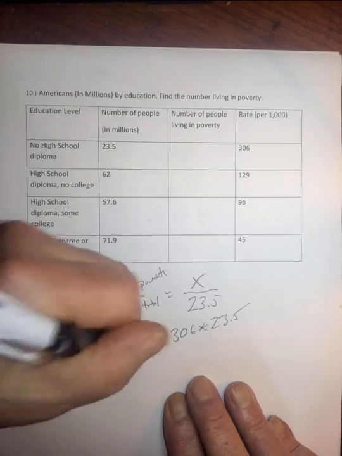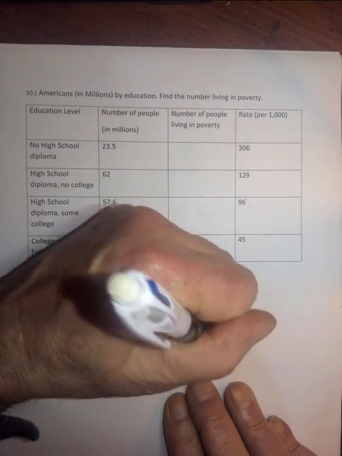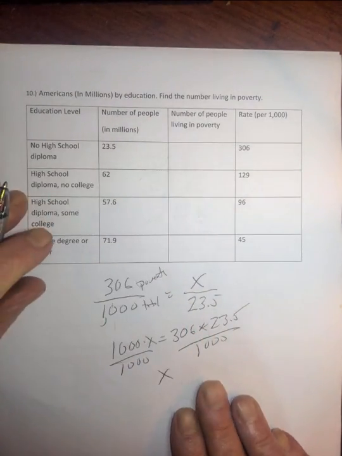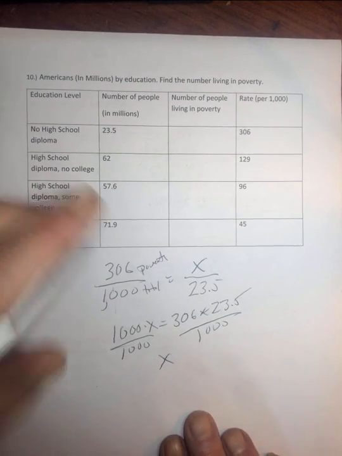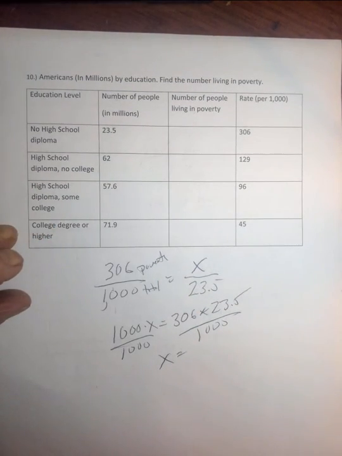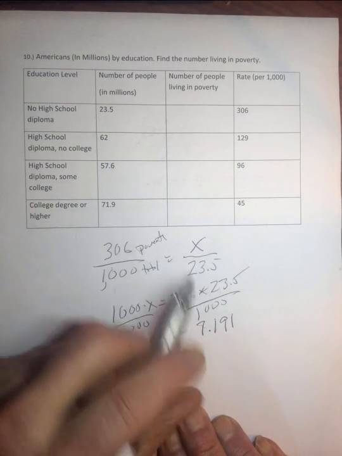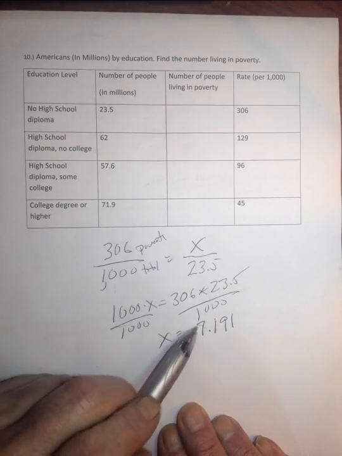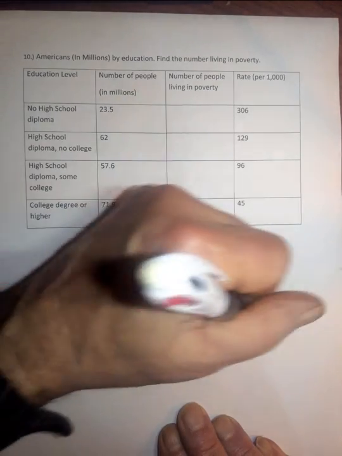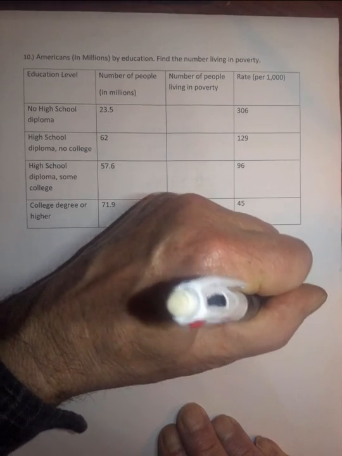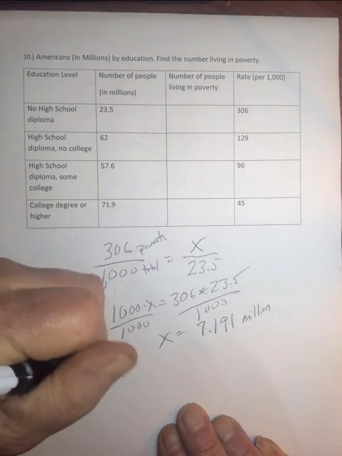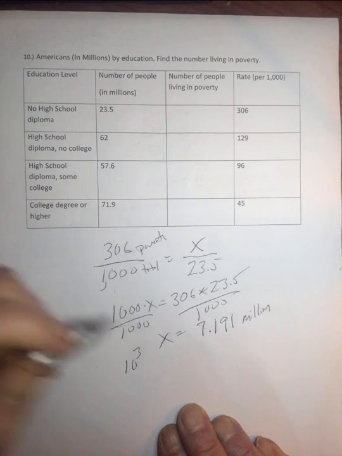Divide by 1,000. Divide by 1,000. x equals, and I get x equals 7.191. You can, of course, pause this anytime you want, right? But that's millions. Here it wants people. So that's 7.191 million. And hopefully by now you know thousands is 10 to the third.